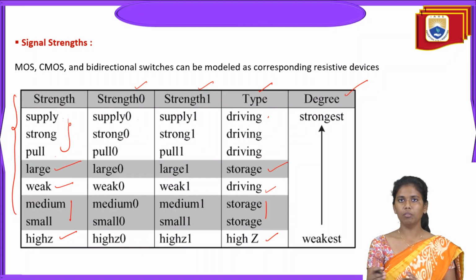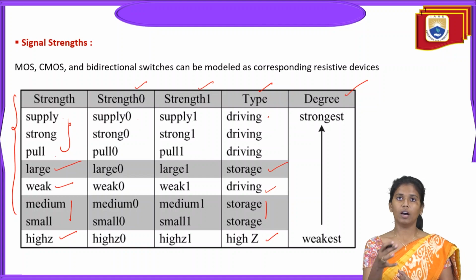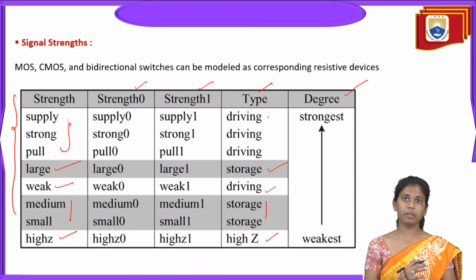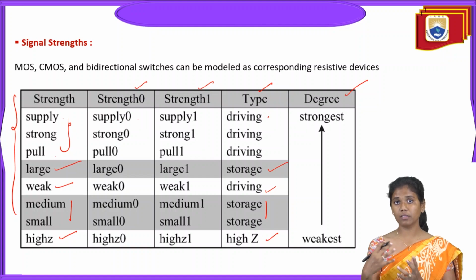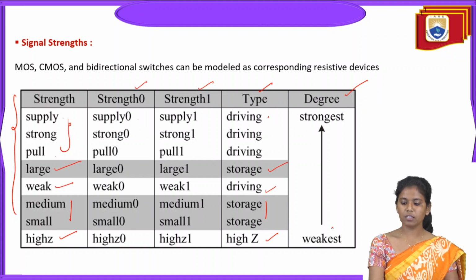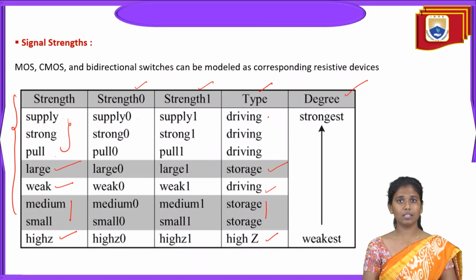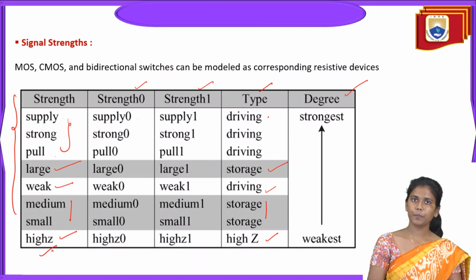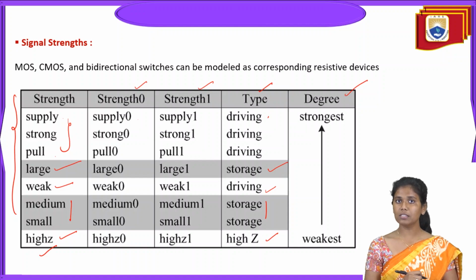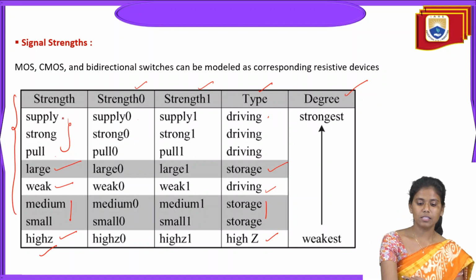Now coming to the degree, based on the type, we can label the degree. From the weakest to the strongest, the very weakest signal is high Z, and the very strongest signal is supply.